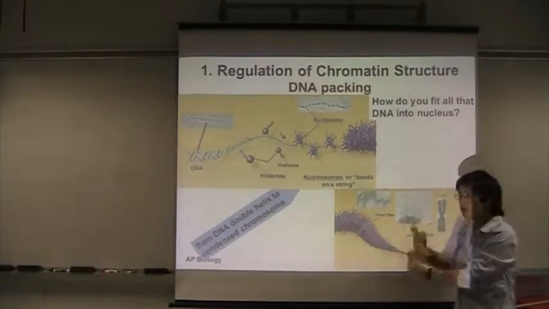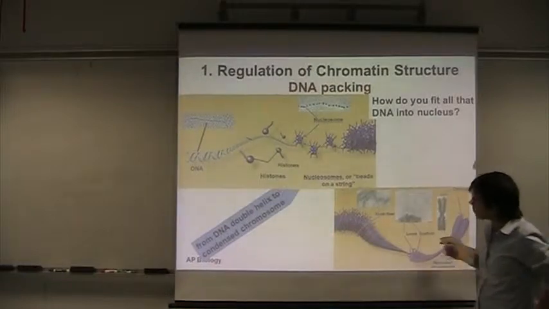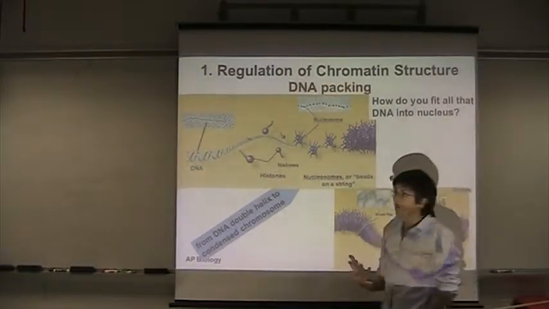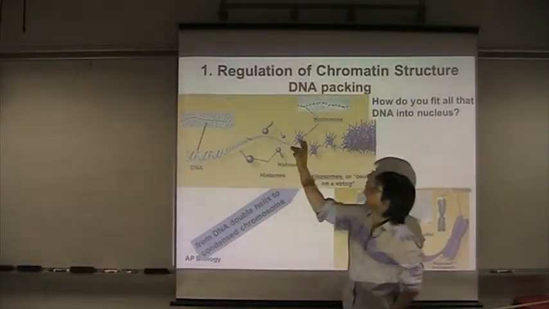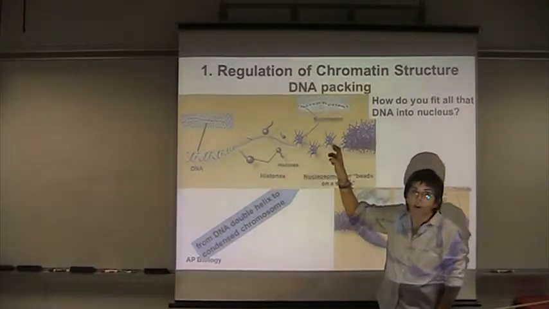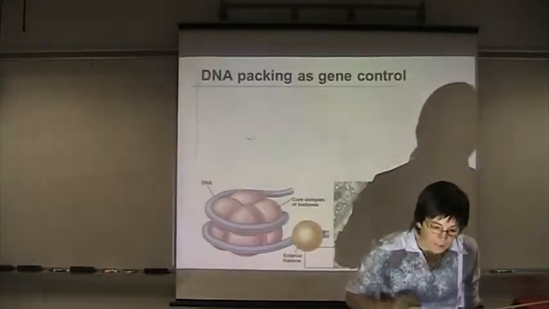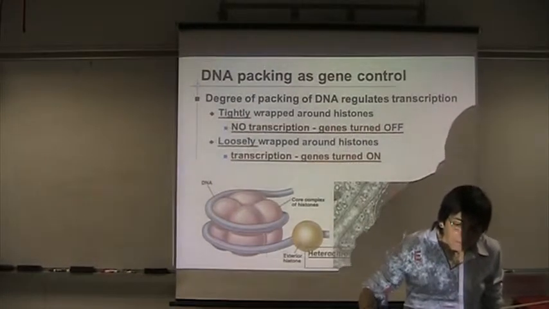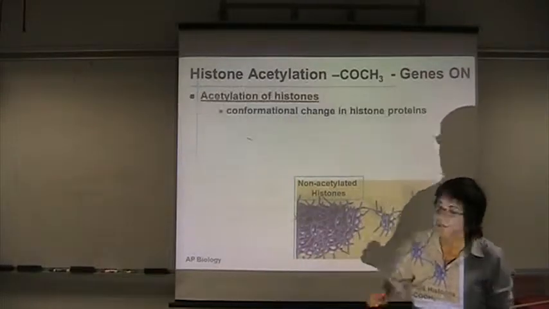It's a super coiling system, basically, and you end up making the chromosomes. The only time that you are going to be able to transcribe anything out of your DNA is if your DNA is uncoiled. So the first issue that we have here, the first level, is what we call histone acetylation.